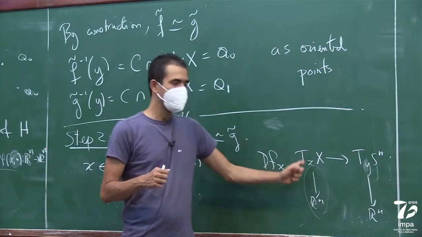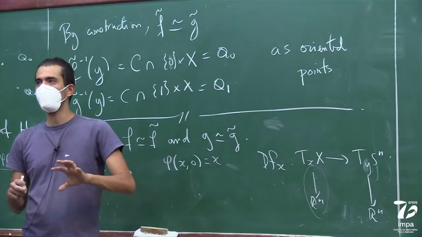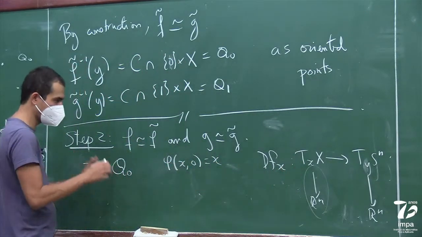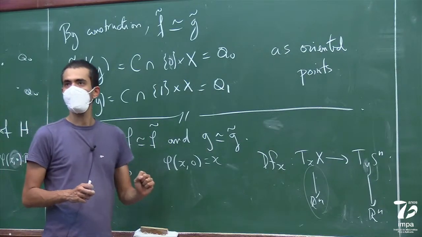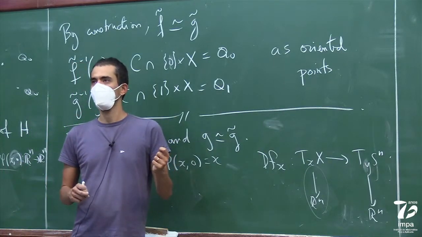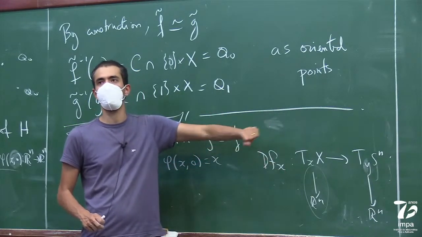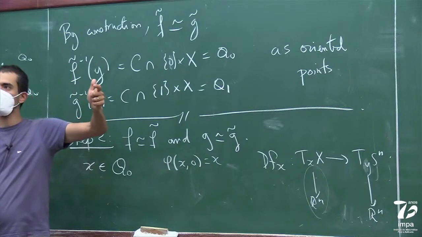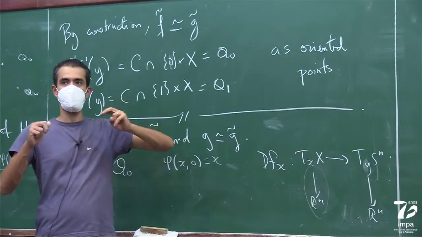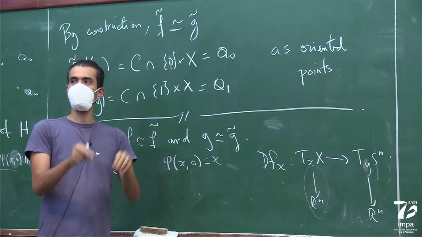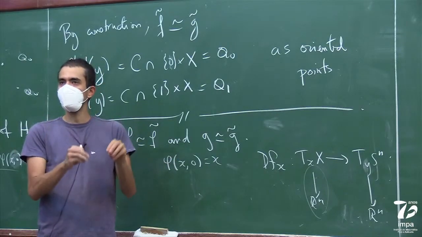This phi might preserve and might change orientation. But the condition I actually want is that the composition with phi, the derivative is the identity. So I actually want it to have the exact orientation that's given by the point, so it will match the orientation of the point.